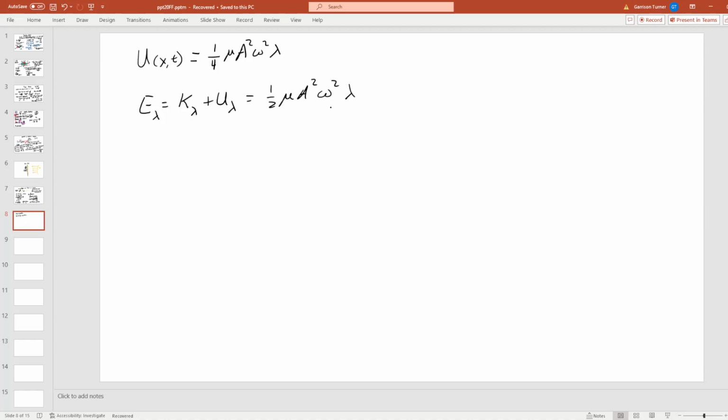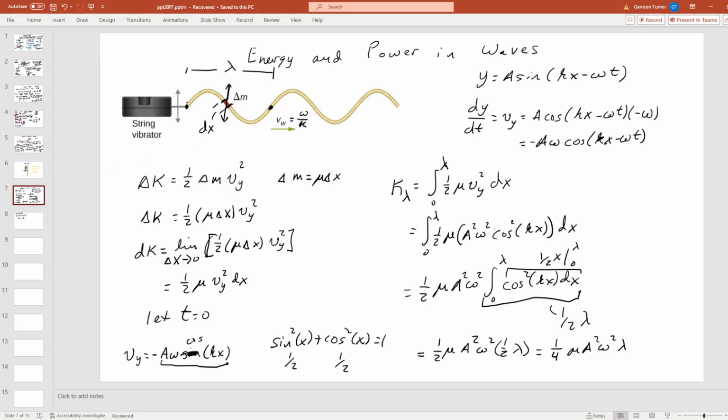Now, here's the intriguing part. The power is the rate at which your energy is used. So this is delta E over delta t. We're not ready to put in the total period yet. If I think of this, let's come back to our rope here.